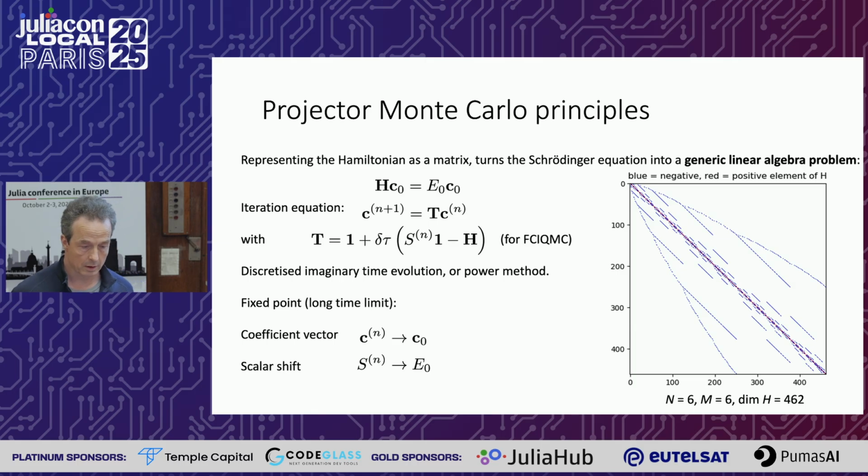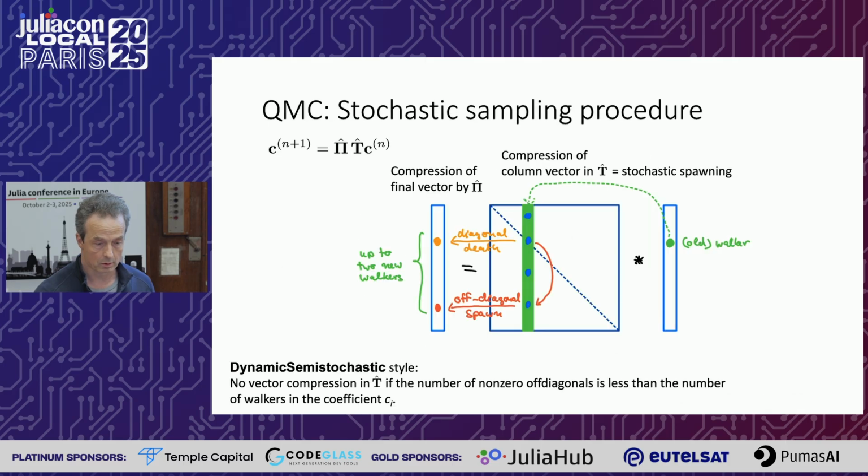Now, the package I'm going to talk about implements both exact diagonalization, where we have to store the vector and do everything exactly and deterministically, and then we're going to do it in a stochastic way where we sample the whole thing and we only store some sample of non-zero elements.